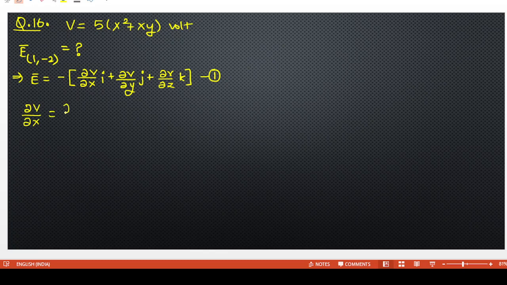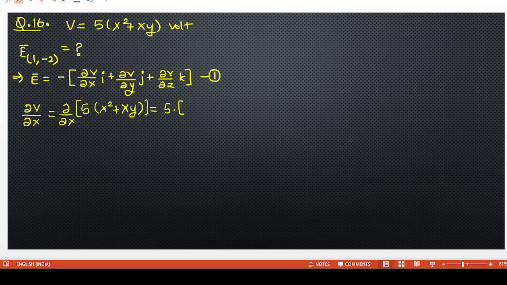So partial derivative with respect to x. You can write this as 5 in the bracket x square plus xy. 5 can be taken out of derivative. After that you have to put the bracket. Derivative of x square with respect to x will be 2x.